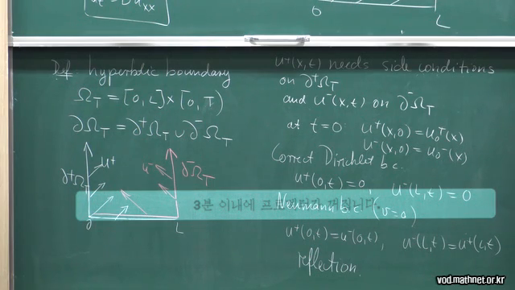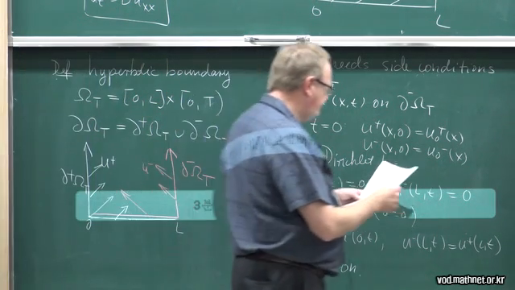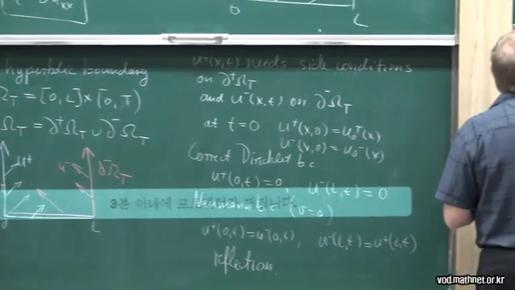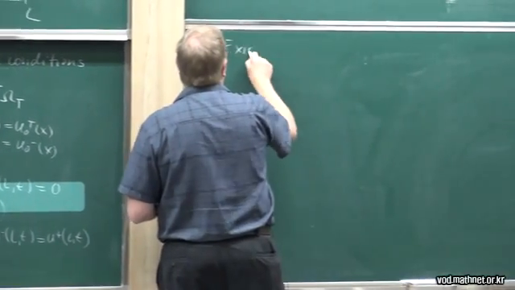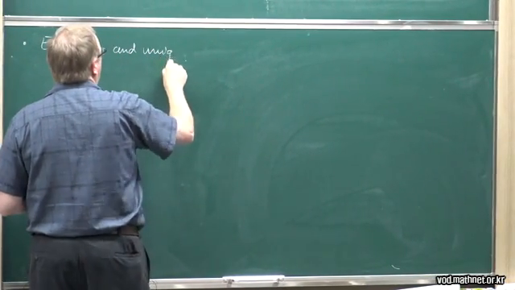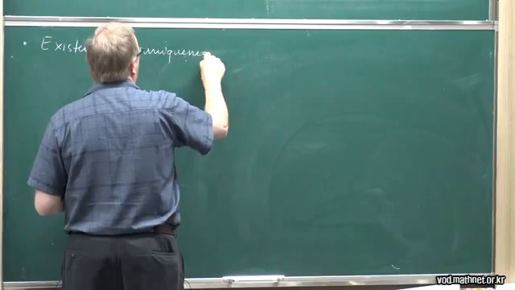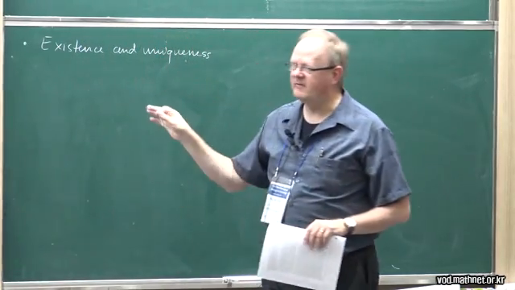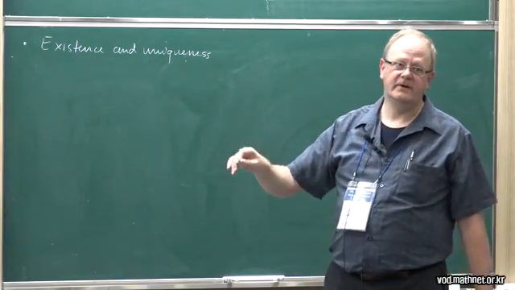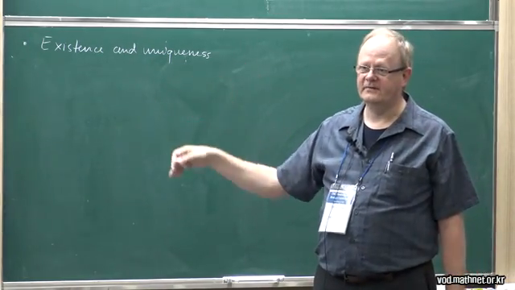Okay, so I did a lot of formal derivations with these boundary conditions. Now you can build a theory for this where you get existence, uniqueness, global existence, all of this.